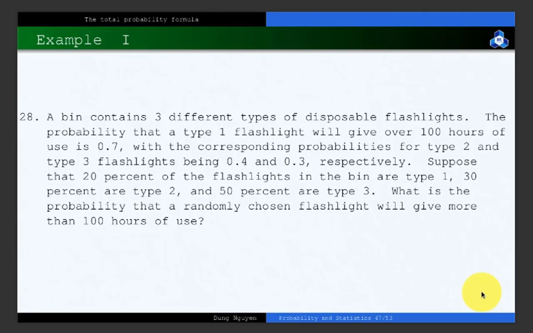Suppose that 20% of the flashlights in the bin are of type 1, 30% are of type 2, and 50% are of type 3. What is the probability that a randomly chosen flashlight will give more than 100 hours of use?